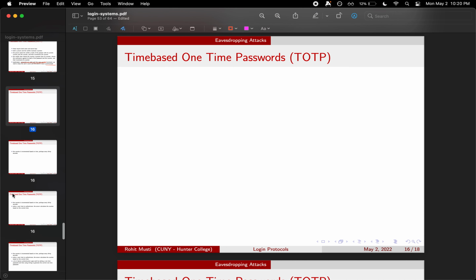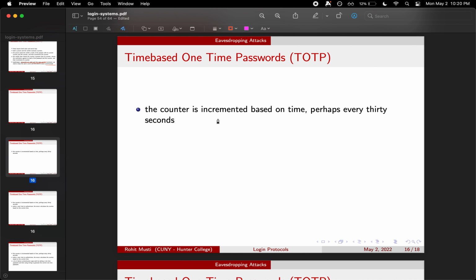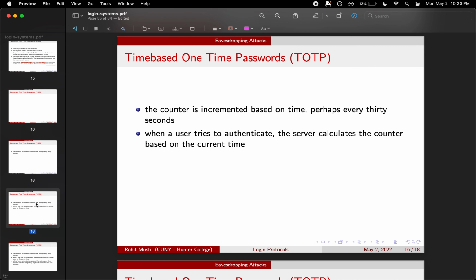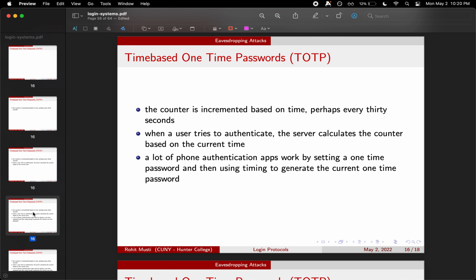Next, we have time-based one-time pads. This is where the counter is based on time and incremented based on that. When the user tries to authenticate, the server calculates the counter based on the current time, and then the user sends the hash of the password and the current time.